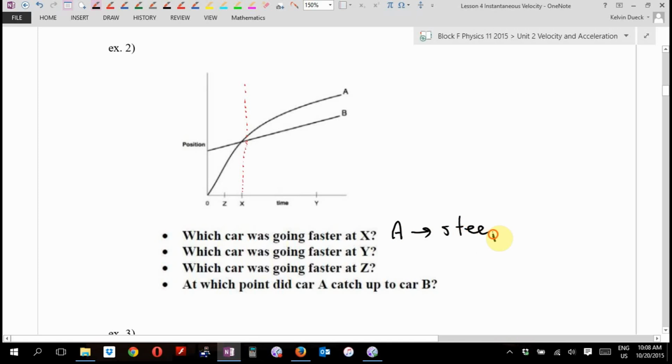If you want to, you can write down steeper slope in your notes if you want to remember how we found that. Which car is going faster at location or time Y? I guess it's at time Y. What can you say about those 2 speeds?